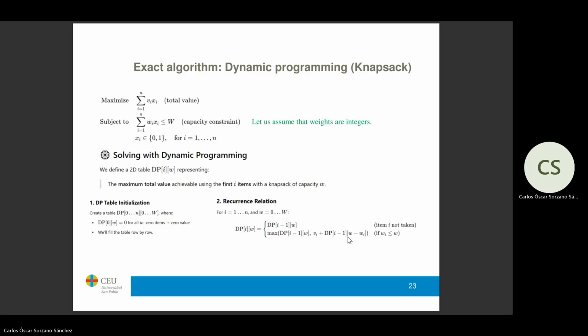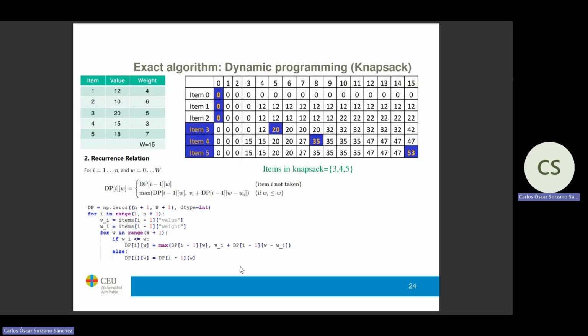So we subtract the current weight from the current capacity. And like that, you can fill this table.